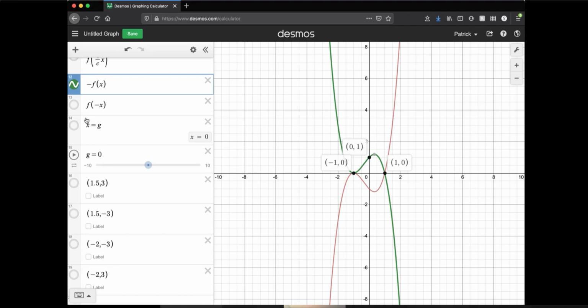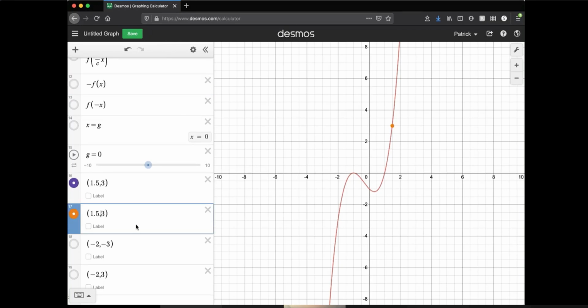And who wants to guess what the last lower left-hand box is going to do? Will it reflect over the y-axis? Good. Yep. And let's just maybe keep track of one of these points. All right, so you're negating the thing on the inside, which means that you're negating the x. And notice that this purple point here went to this orange point over here.